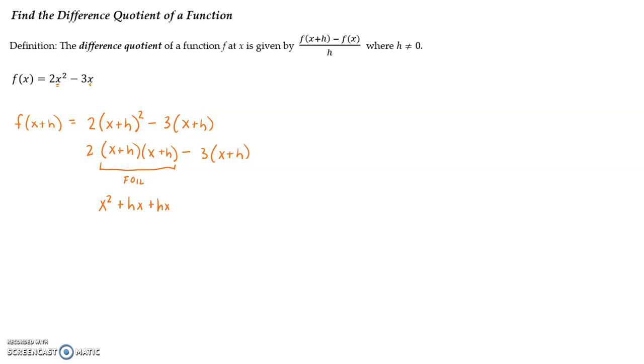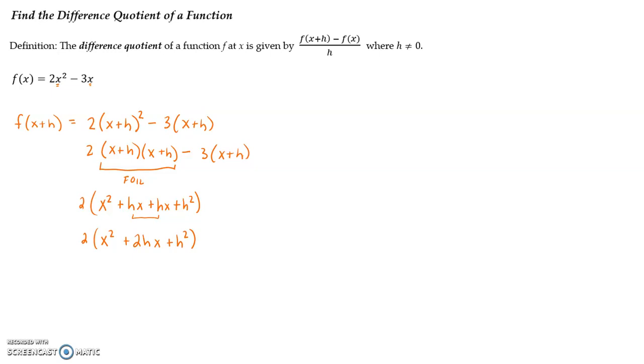And h times h is going to give us h squared. Now we can go ahead and combine these like terms here in the middle. This is going to give us x squared plus 2hx plus h squared. And don't forget that we had a 2 all the way out in front of this that we can go ahead and bring down.